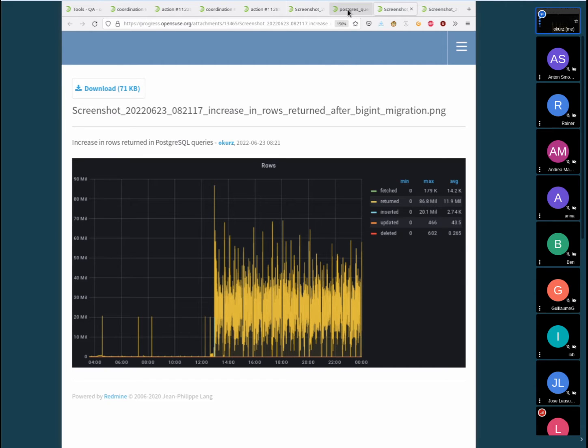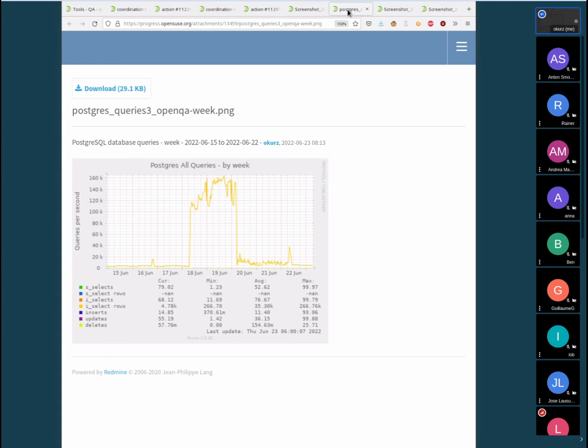Then what did we do? We took a look at openqa.opensuse.org, where we use Munin for monitoring, but effectively it's showing the same kind of data: the number of rows in Postgres database queries conducted over time. And we see that in the early morning of 18th of June, there is a corresponding increase in the rows.